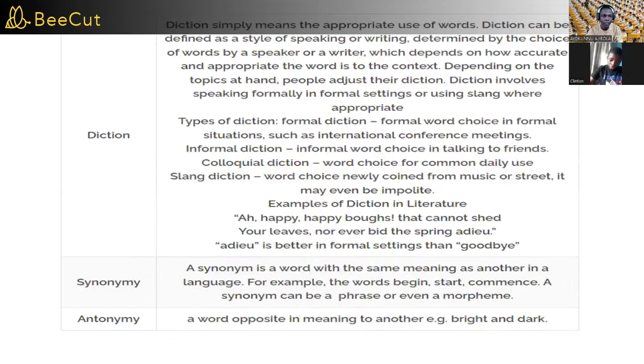Okay, the next thing we're looking at is diction. This talks about how you pronounce your words. Diction simply means the appropriate use of words. Diction can be defined as a style of speaking or a style of writing, determined by the choice of words by a speaker or a writer, which depends on how accurate or how appropriate the word is to the context.